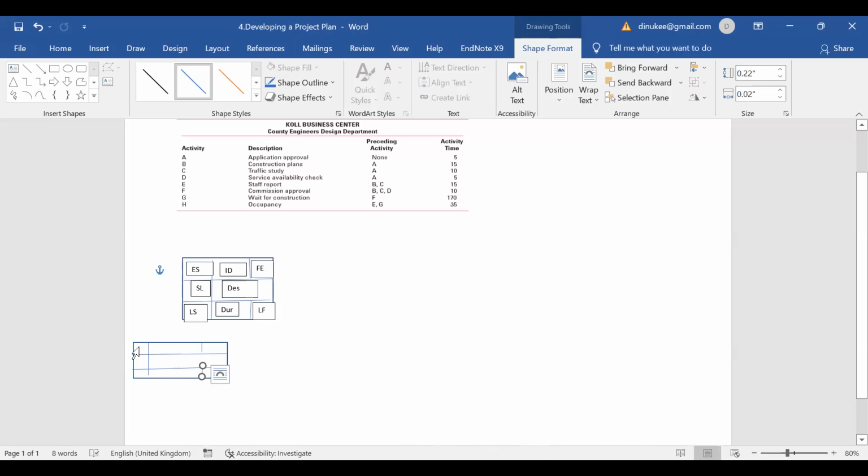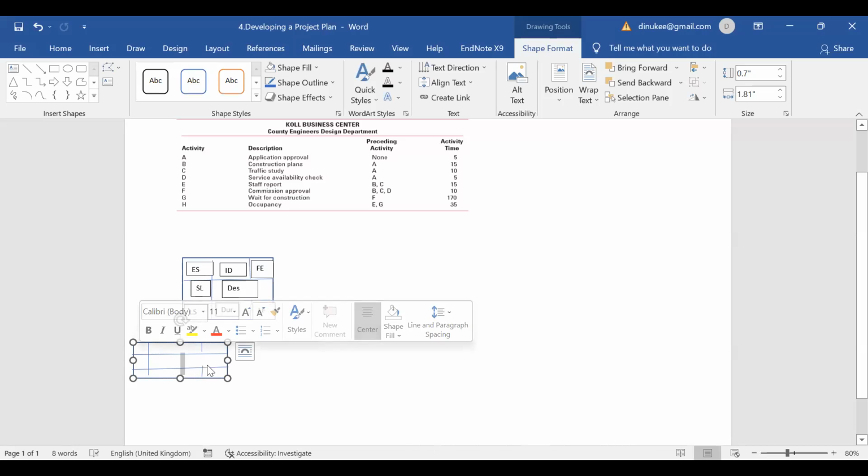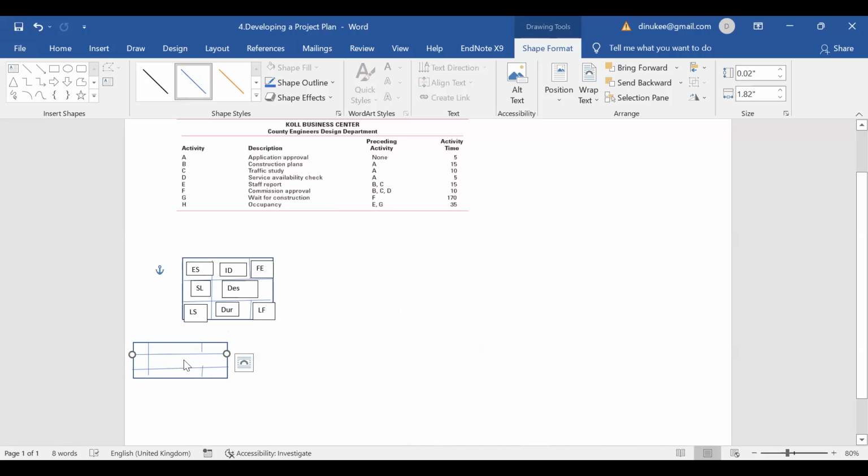Then after you can put the values. For the activity A, the ID is A, so the ID can be put here.